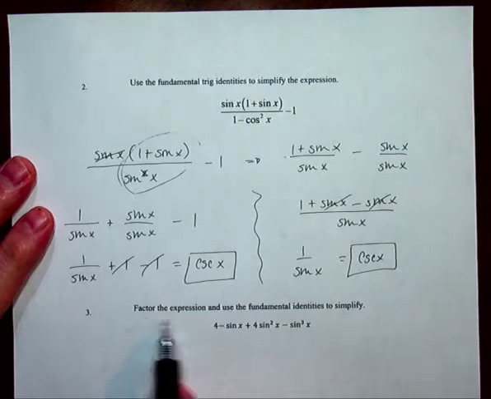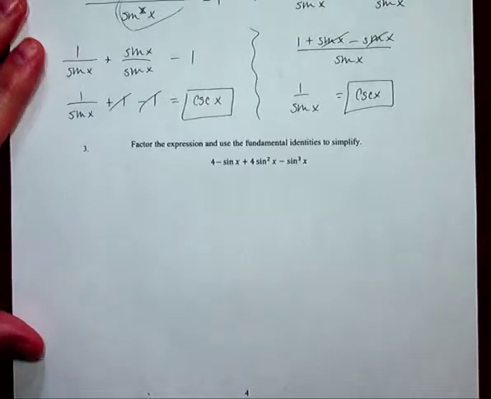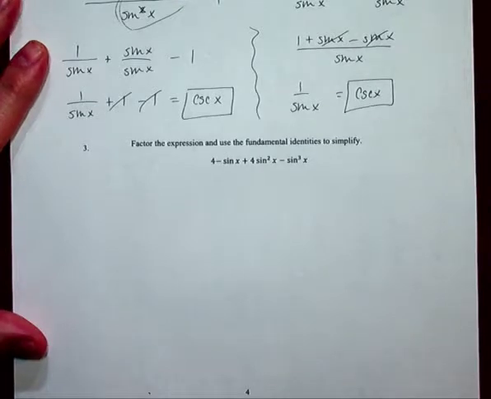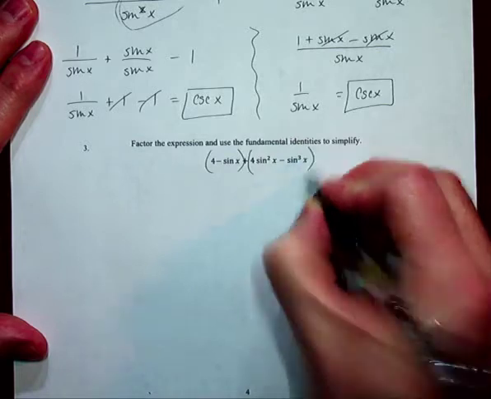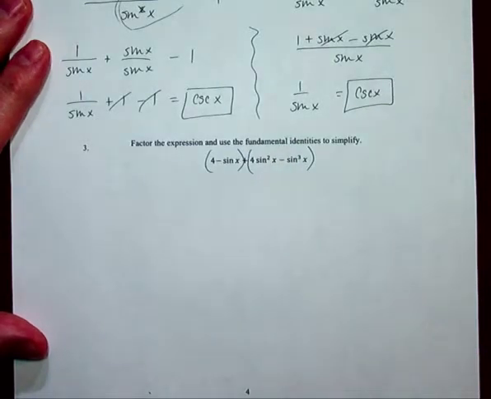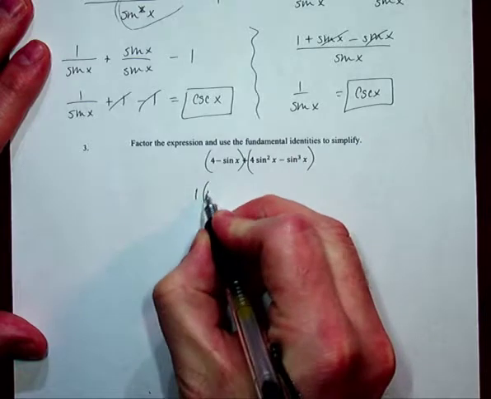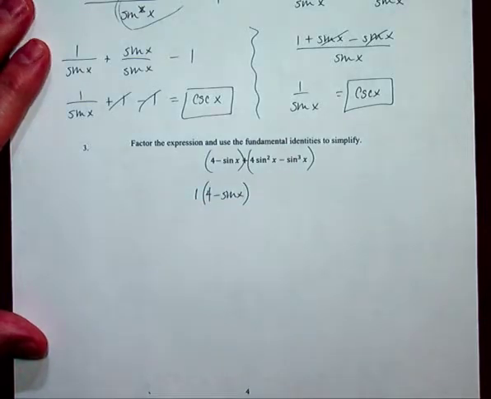Now it says factor the expression and use fundamental identities to simplify. Okay, let's go ahead. Anytime you see something that is 4 terms, it ought to be screaming at you grouping. There's nothing common to the first 2 terms, so your GCF for the first 2 terms is just 1.